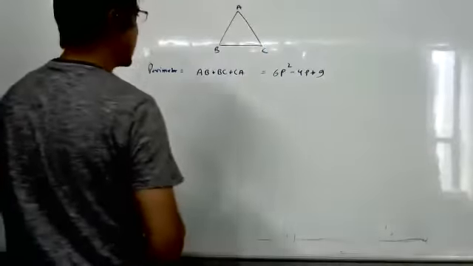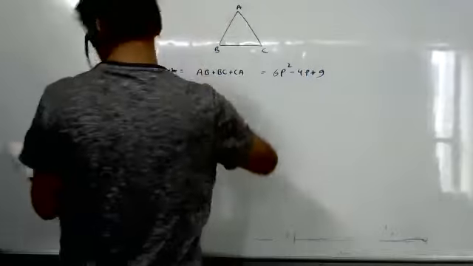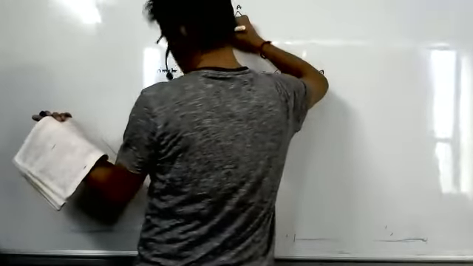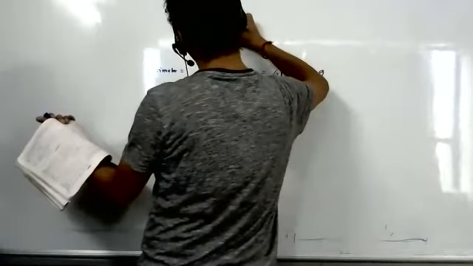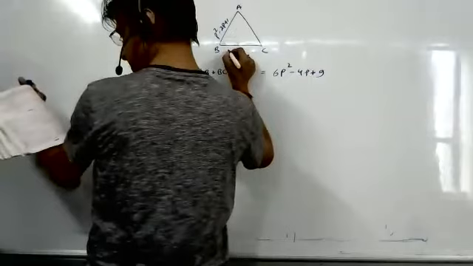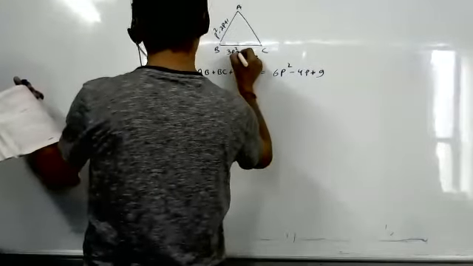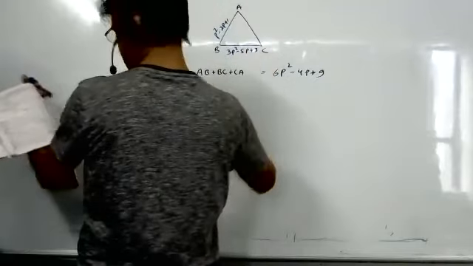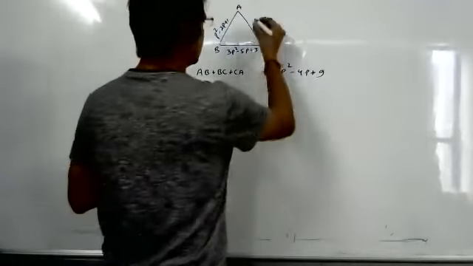And two of its sides, let's suppose this side and this side, are p square minus 2p plus 1 and 3p square minus 5p plus 3. And you have to find this side.